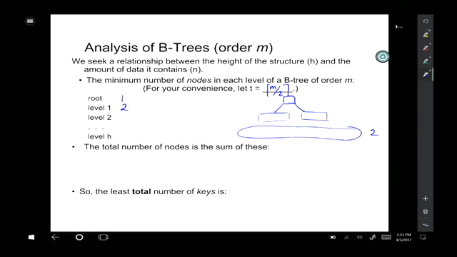Nodes, not keys, nodes. You see it? If you see it, sketch it down. I'll give you a hint. There's a factor of 2 because the same thing's happening over here as over here. So how many are there? 2 times t. That's right.